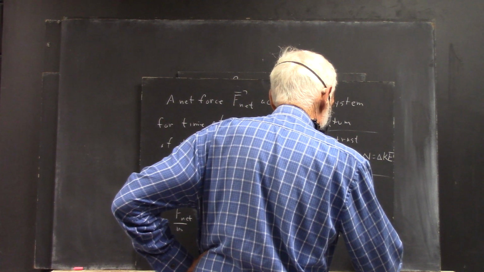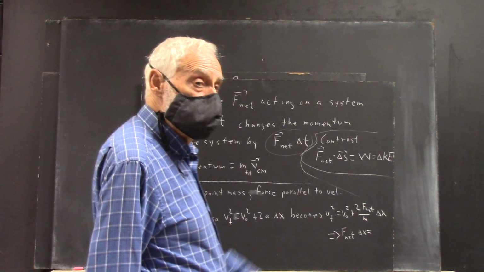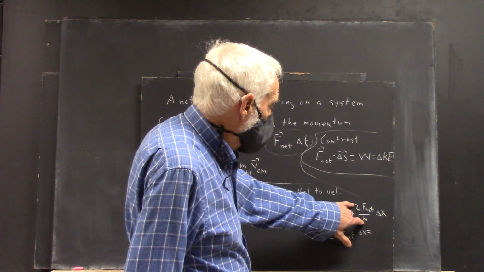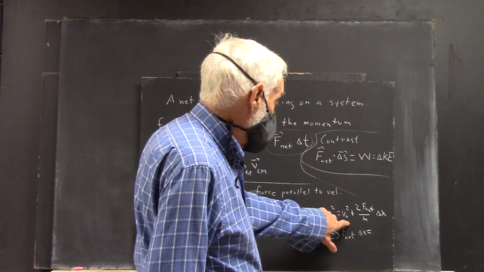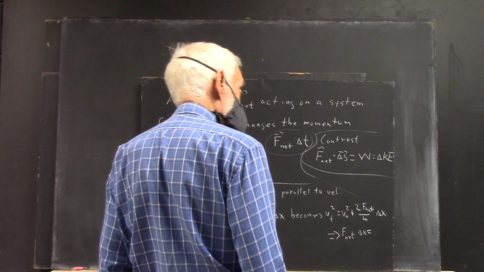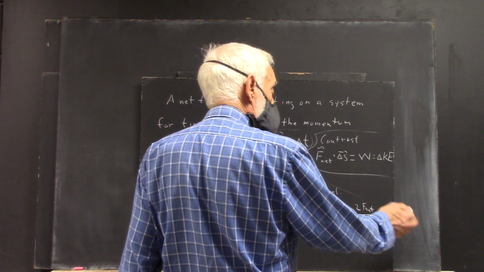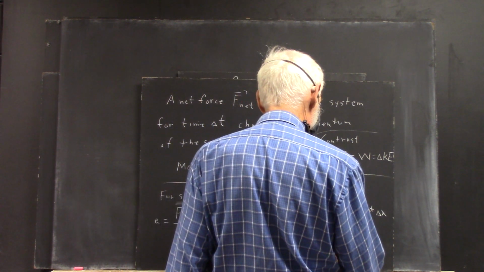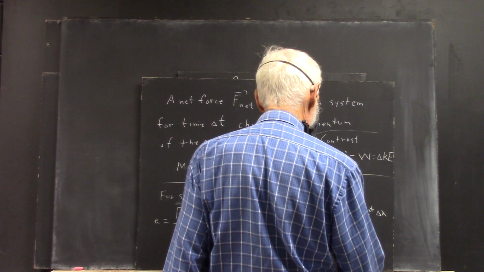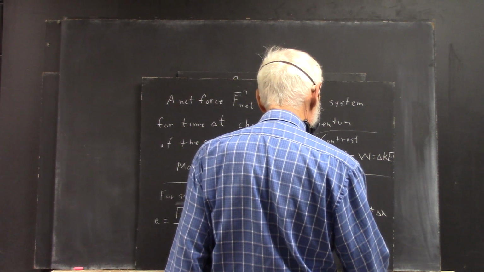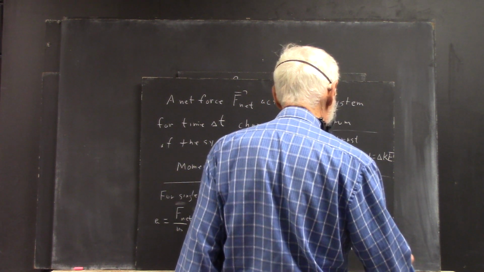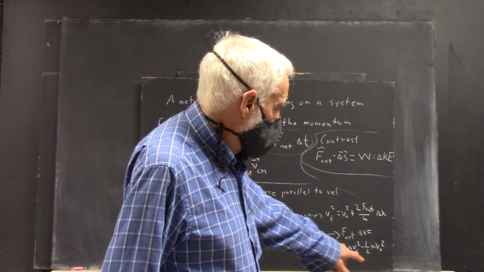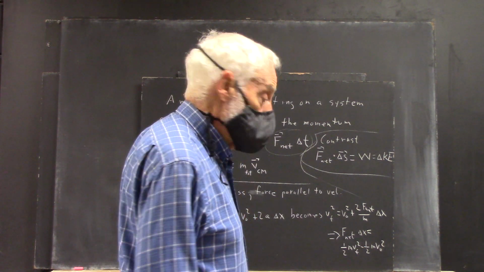So at F net delta x, just a little algebra, multiply both sides by m over 2, and then subtract the term you get here from the term you get here. In other words, just solve this for F net delta x, you get one half m Vf squared minus 1/2 m v naught squared.